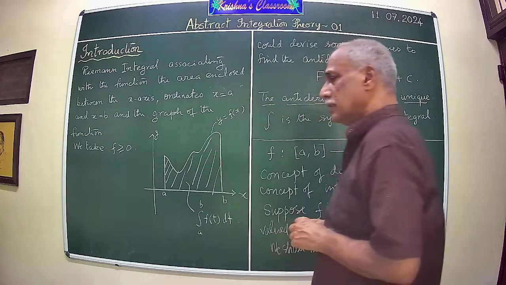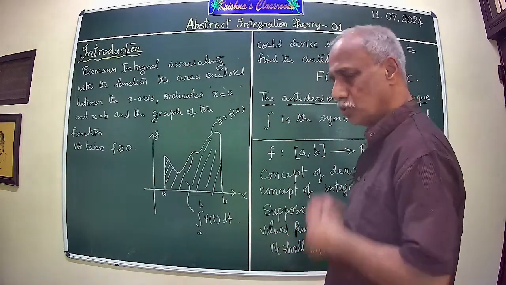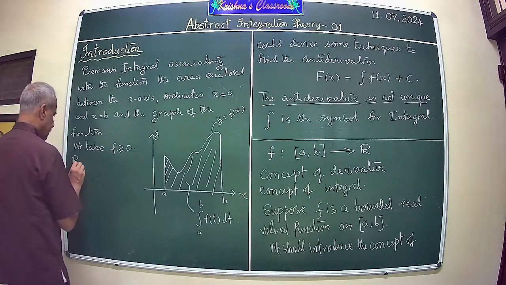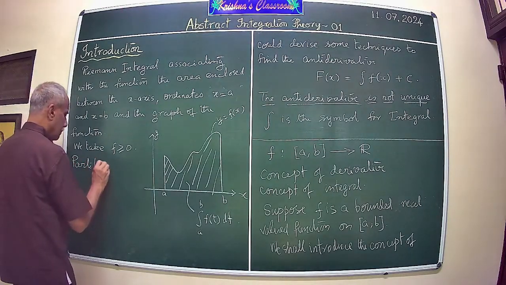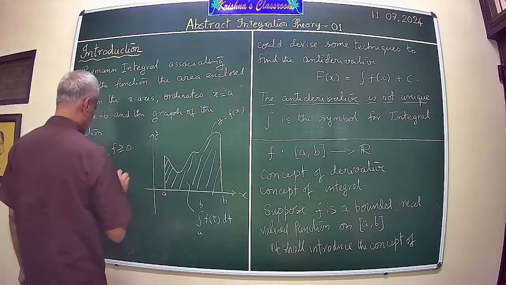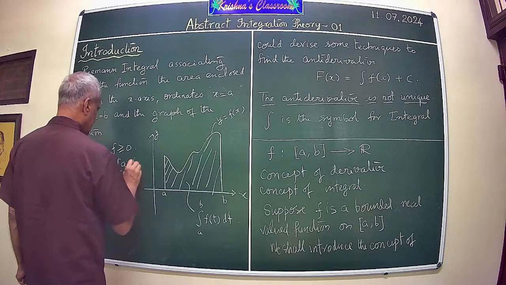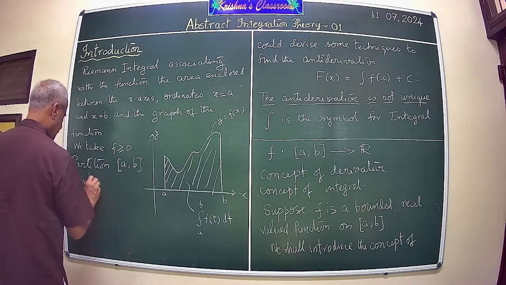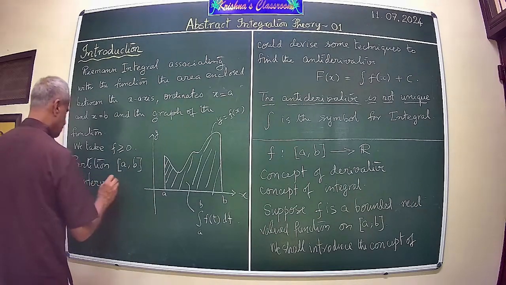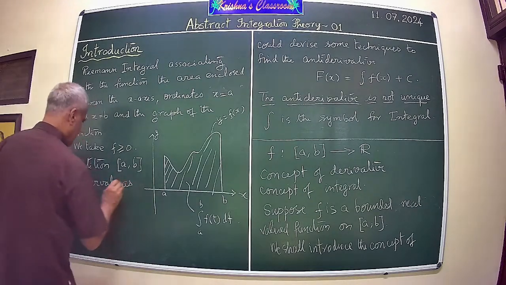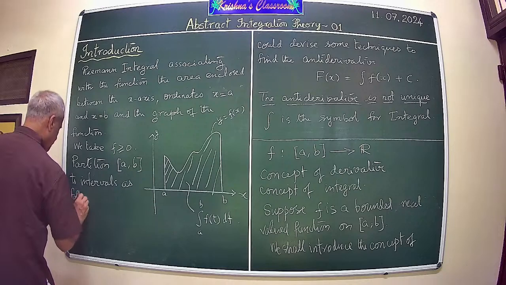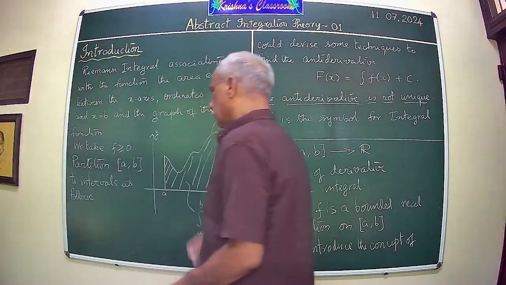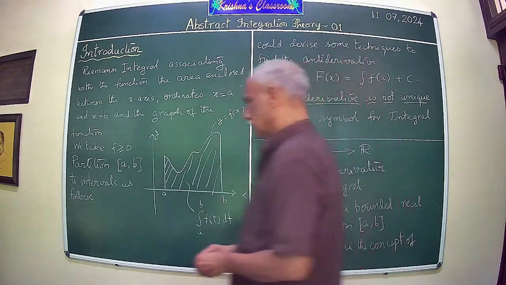So this is done in a very natural way through approximations. So what we did was partition the interval [a, b] into intervals as follows. It may be boring, but still I will go through the whole process.